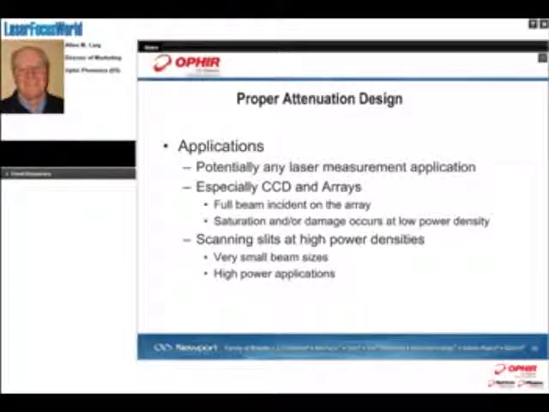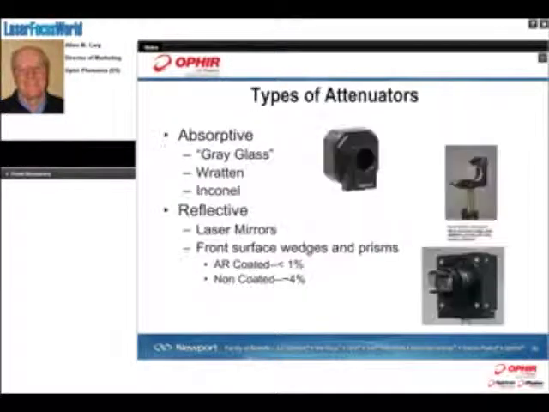So if we want to look at the process of attenuation, we have several types of attenuators that are available. The most common type that you're probably familiar with are the gray glass or what we call absorptive filters. These can be made of glass. They can be made of a plastic material, or they can be made of something like Inconel, which is an absorptive filter for UV.